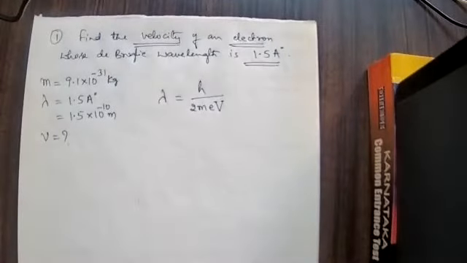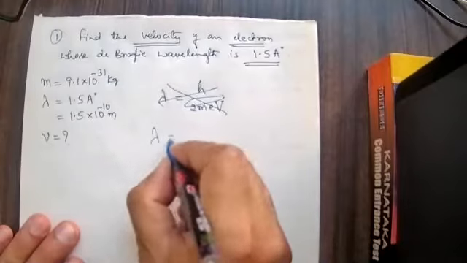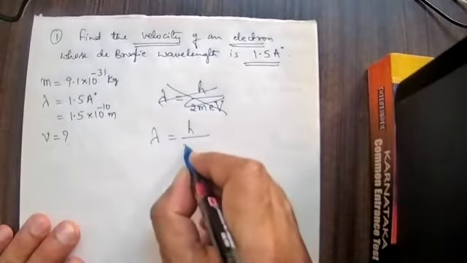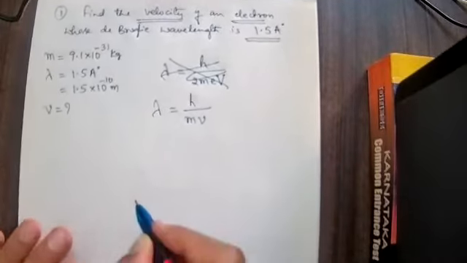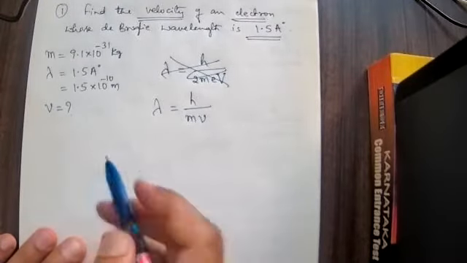Velocity we are supposed to calculate. Just a minute. Lambda is equal to h divided by mv. We can use this formula directly because we want to calculate velocity.